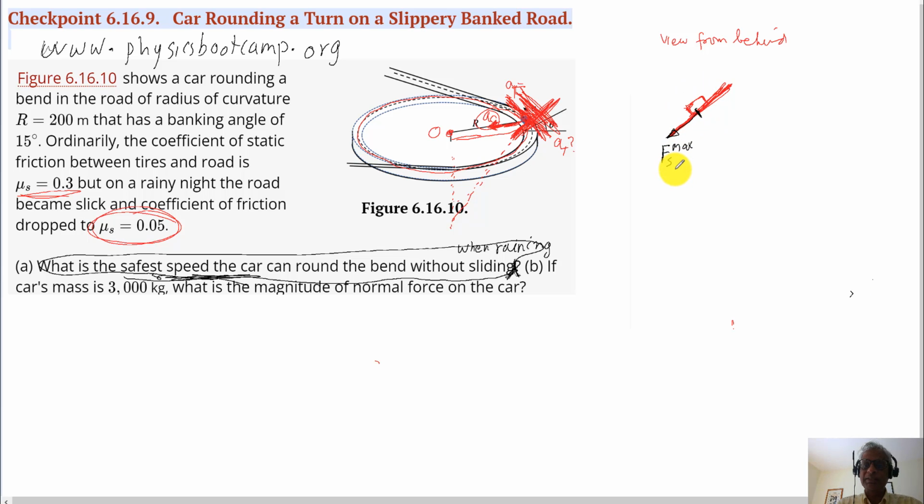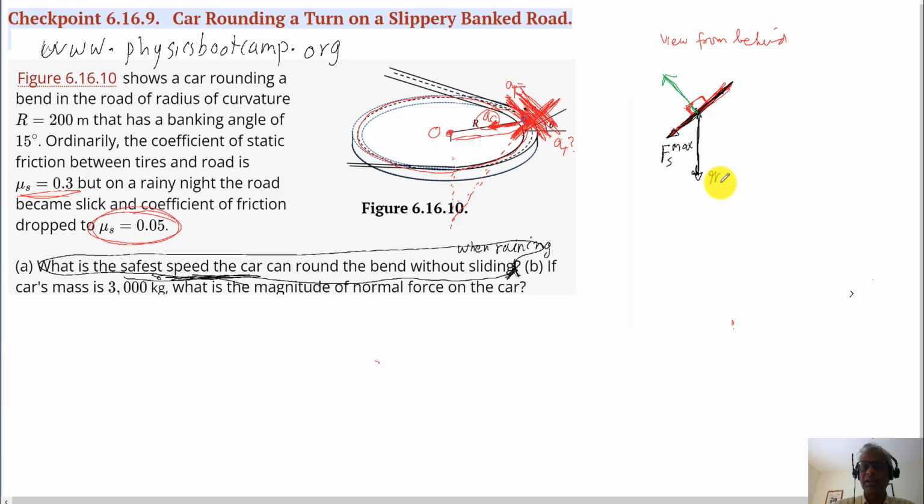So that's the static friction, and you can see the surface is this way. So the normal will be that way, but the gravity will be this way. Gravity goes straight down to the center of the earth.